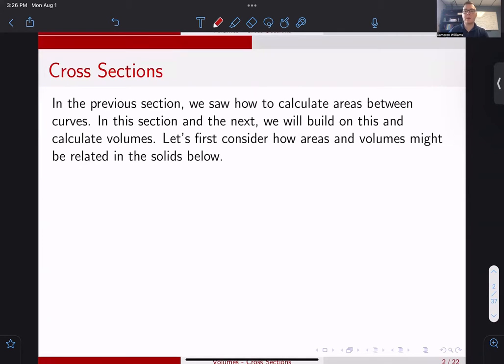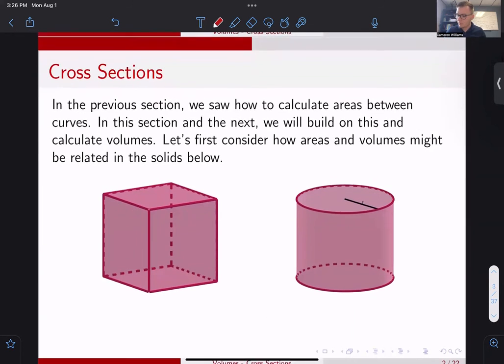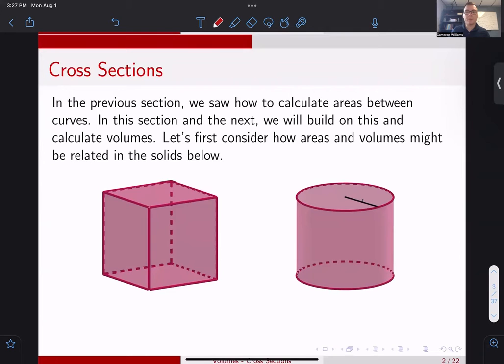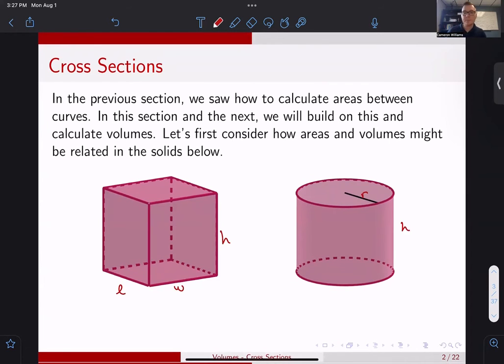Let's first consider how areas and volumes might be related to each other using solids you're well familiar with. On the left, we have a rectangular prism. Maybe it's a cube, maybe it's not. And on the right, we have a right cylinder. Let's say the rectangular prism has dimensions length, width, height, and the cylinder has dimensions r for radius and h for height.